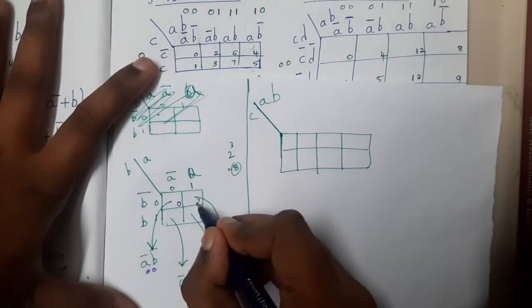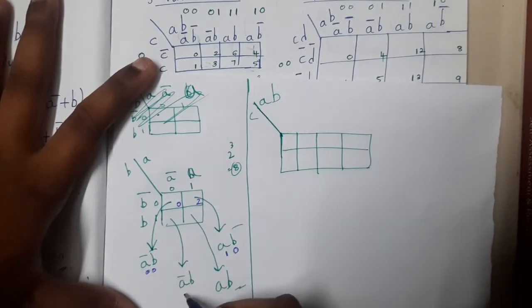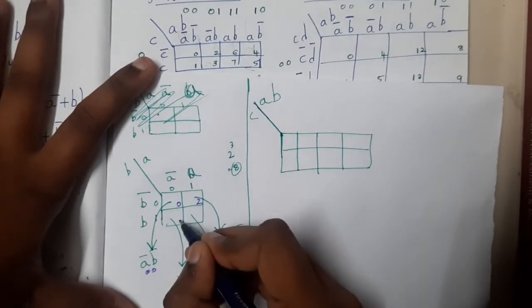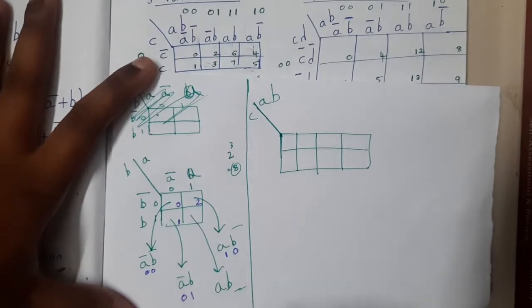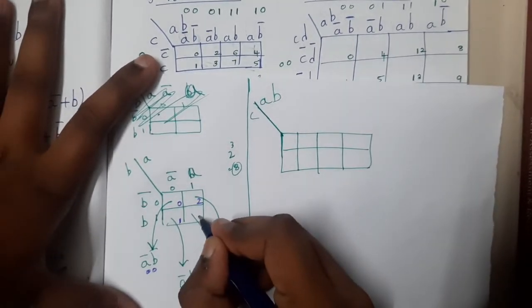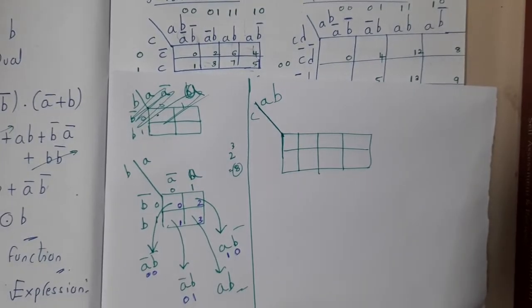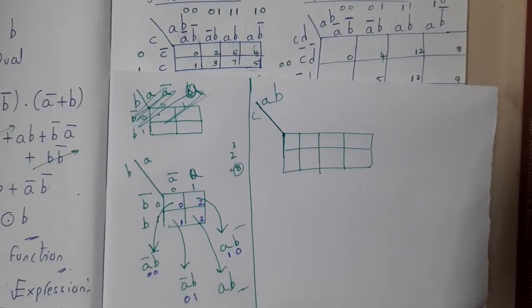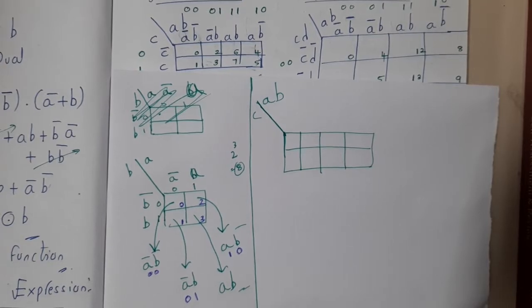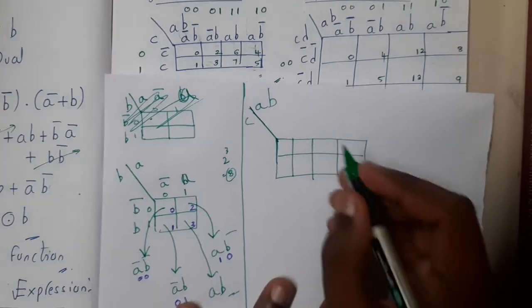The value is 2. What is this value? It is 0, 1. The value is 1. I'm writing in binary, in simple words you can say. So it is 1, 1, that is 3. So 0, 1, 2, 3 are the numbers. Guys, don't get worried about what I am saying. Once we solve an example, you will get a crystal clear idea on this whole topic, guys. Okay, so let us now continue with the 3 variable.